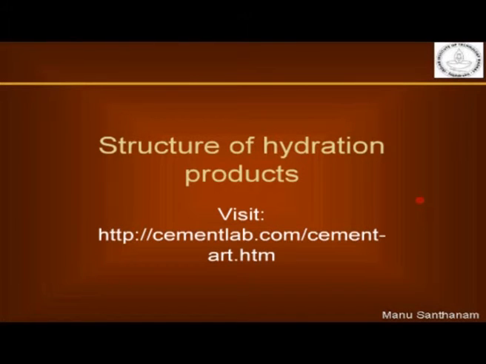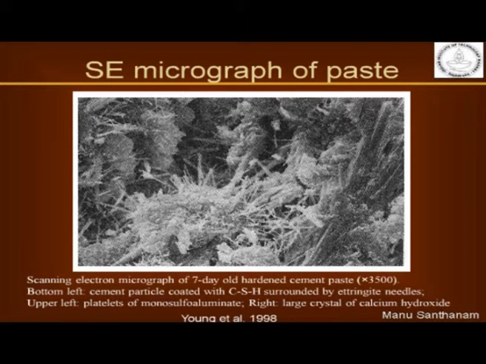So now let's look at the structure of the hydration products itself and see what level of detail we can see under the microscope. First and foremost, we look at the structure of paste at very early ages. This picture is showing you cement paste, a 7-day-old hardened cement paste. You can see here on this side that this cement particle has gotten covered with this fiber-like appearance of the CSH.